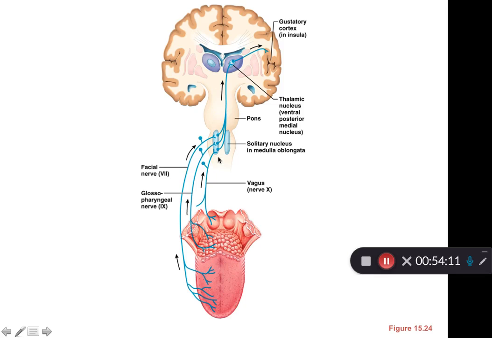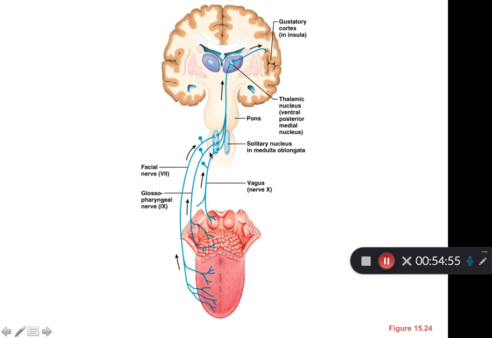This slide doesn't show the ganglions, so we can ignore them. However, we have to know that all these three nerves have their peripheral ganglions, because the ganglions are the location of these three nerves' neurons.